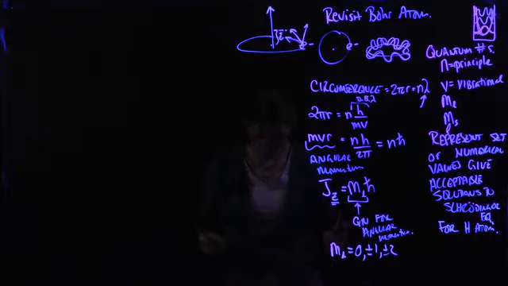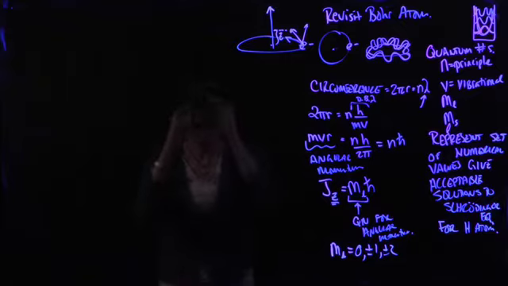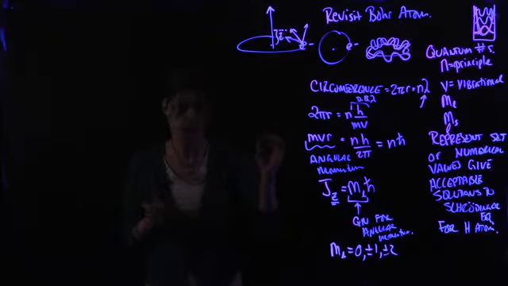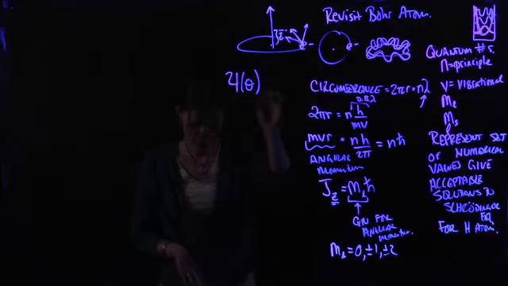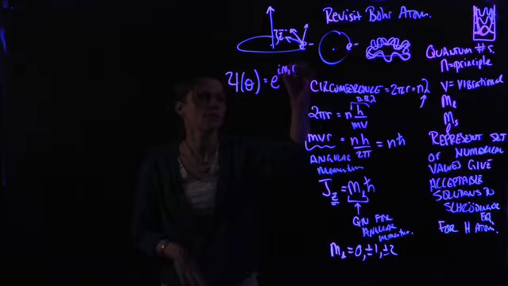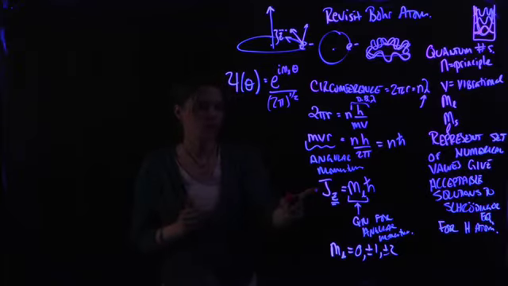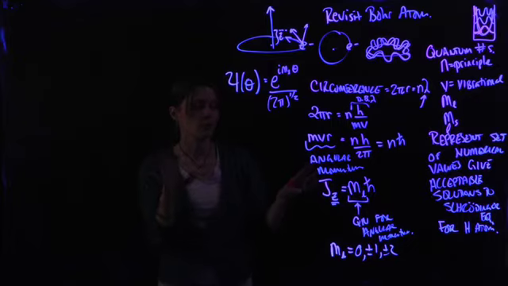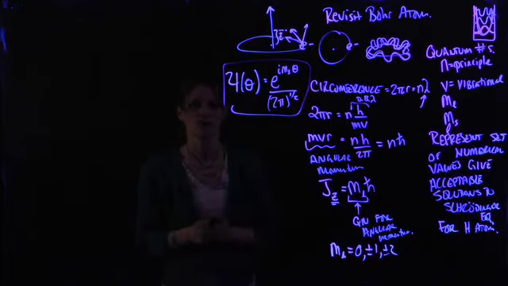So the way that I incorporate that into my wave function for the angular momentum of a particle on a ring, that gives me psi of theta is equal to e to the i m sub L theta divided by 2 pi to the 1/2. So angular momentum is quantized for the particle bound to a ring. Again, there's no potential here, but you'll also notice I haven't actually used a Schrodinger equation yet. You're just going to have to take my word that that's the wave function that you'll use.